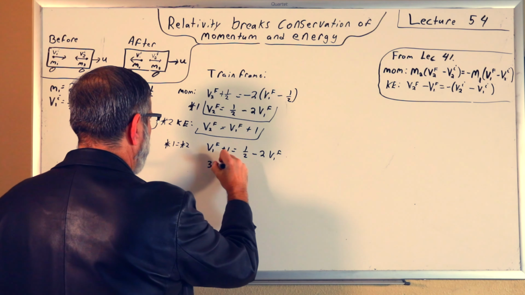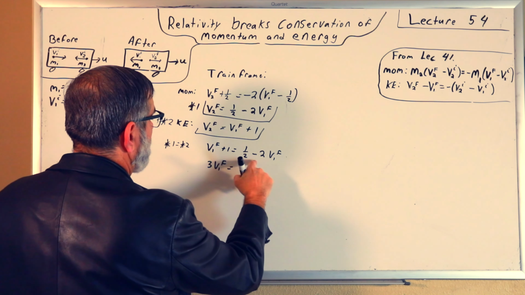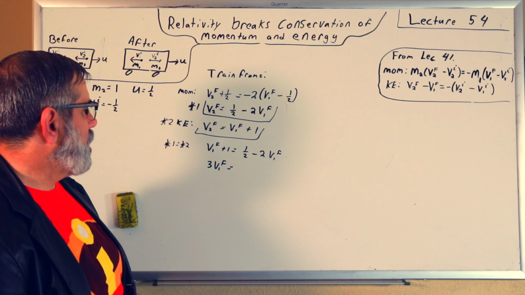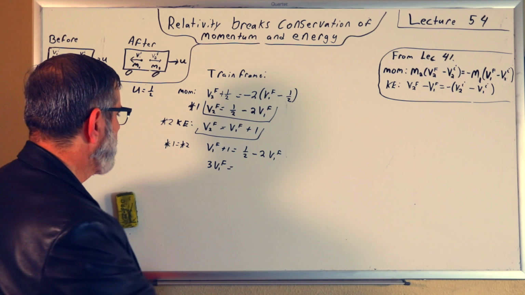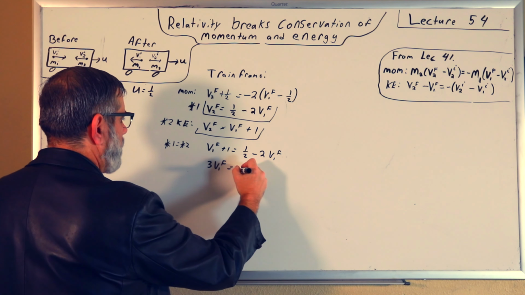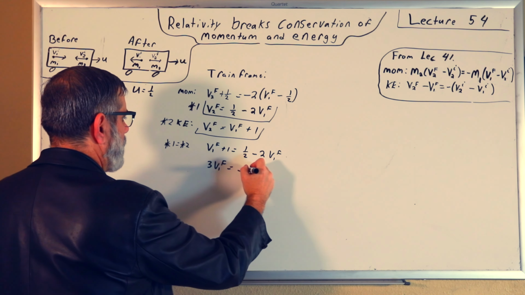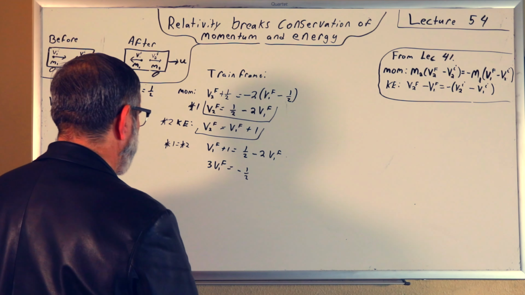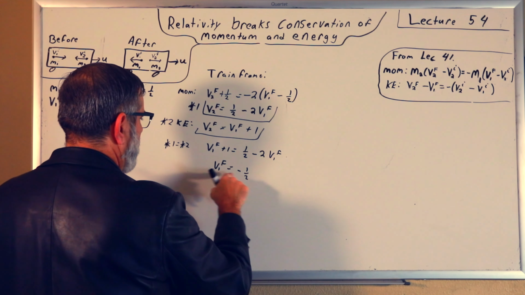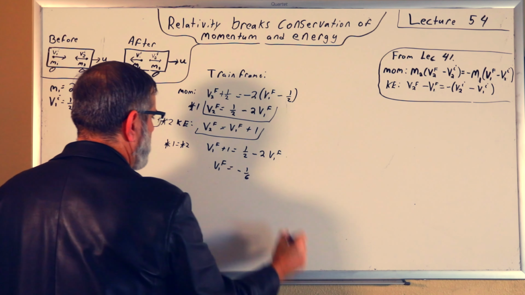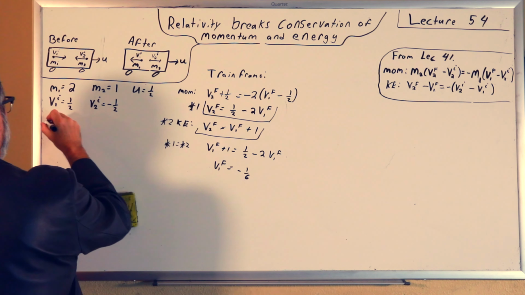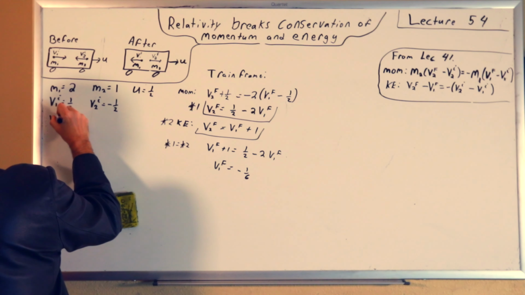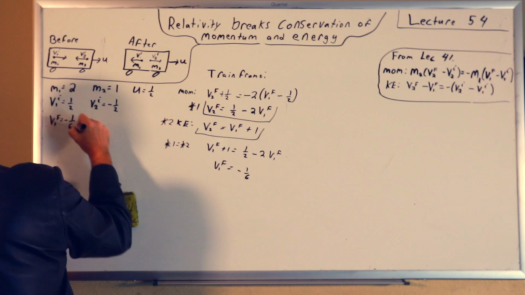That will give me 3 V1F equals, that's a half minus 1. So that will give me minus 1 half. Divide by 3 makes that minus 1/6. V1 final equals negative 1/6.